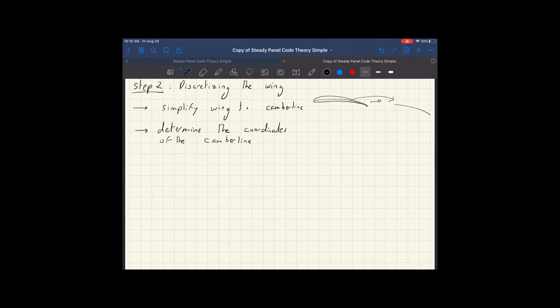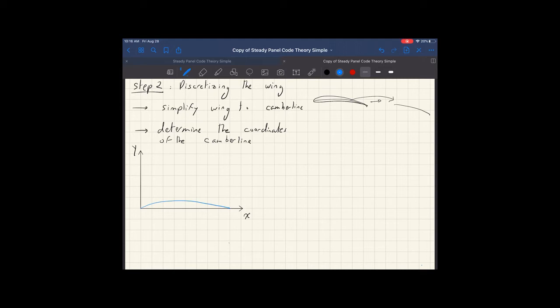So for example, if you have axes here, right? We will say that this is x and this is y. We want to draw our camber. So this is our camber. Obviously, if you have a 0 camber, then the camber will be on the x-axis.